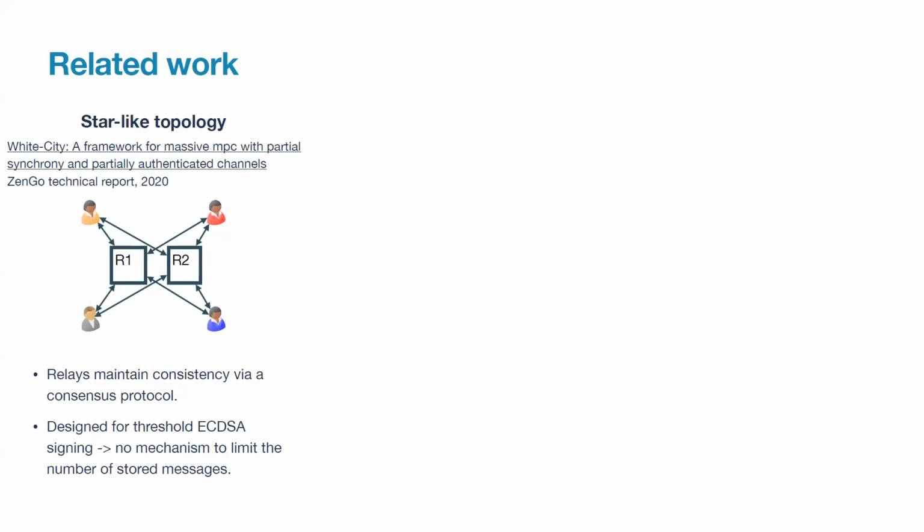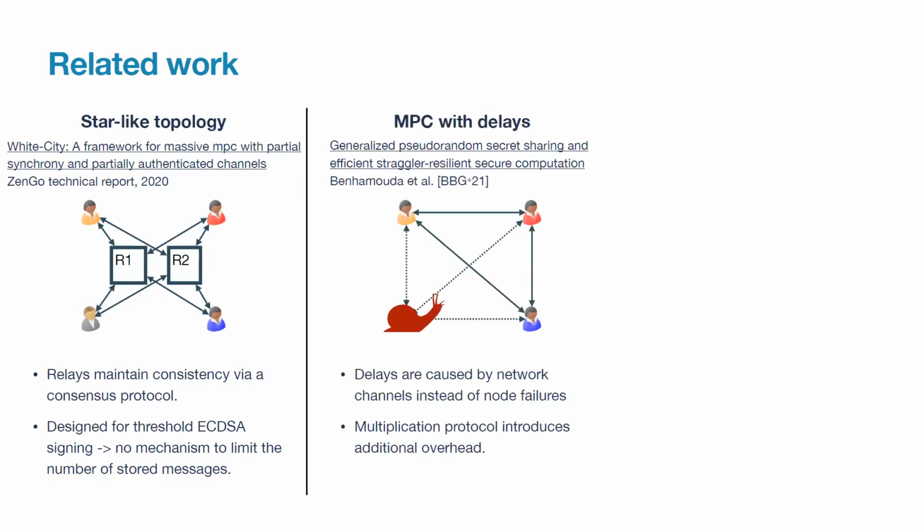And this is actually quite expensive. And in our work, we show that this is not needed. And then there are a few other differences. For example, the goal of their protocol is to do threshold CBSA signing, which is a small computation. So they don't really discuss how to minimize the states that are stored in the relays, which we do. And there are some other differences that I will mention now.